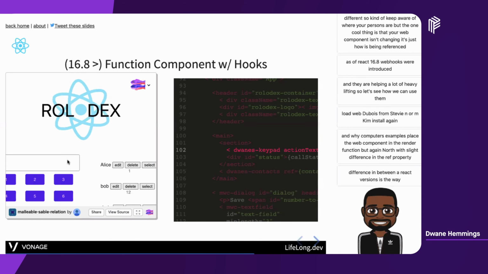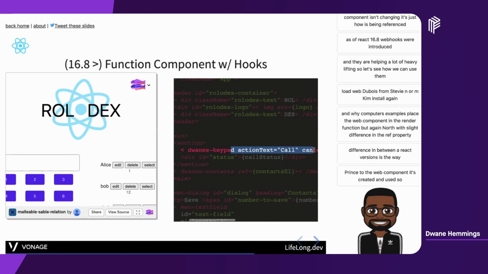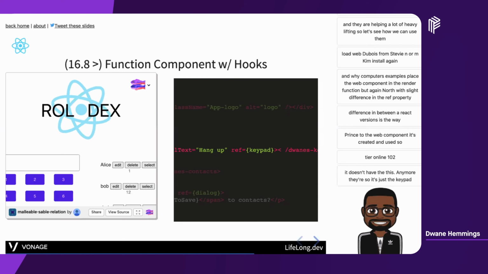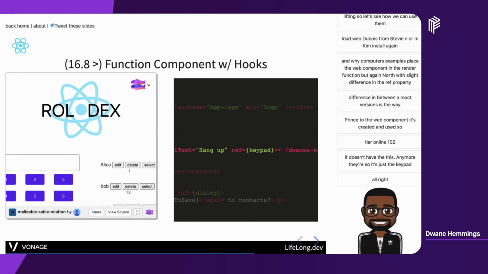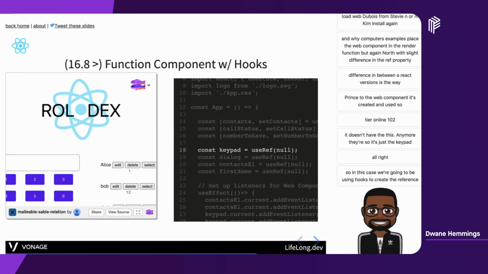So if you look here on line 102, now see, it doesn't have the this dot anymore. So it's just keypad. All right. So in this case, we're going to be using hooks to create the reference. So here is the useRef hook, and that creates the reference.